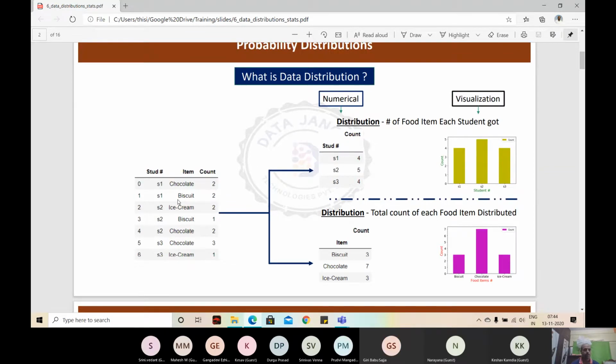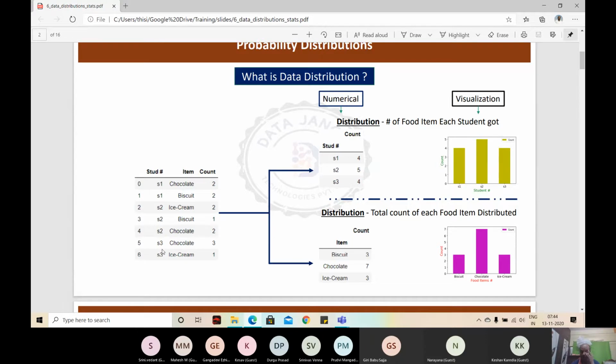Suppose it's a birthday and we are celebrating with chocolates, biscuits, and ice creams in a classroom. Some person X went in, and to student 1 he gave 2 chocolates and 2 biscuits. Student 2 got 2 ice creams and 1 biscuit, and 2 chocolates also, so 5 items.